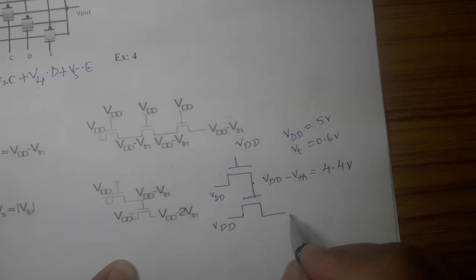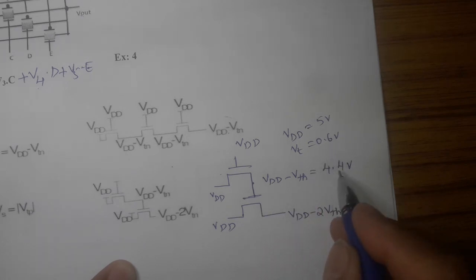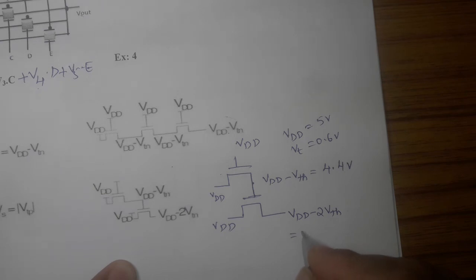So what will be the output here? It will be 4.4 minus VTH, that is 0.6. So this comes to 3.8 volt. This is the same as VDD minus 2 VTH.